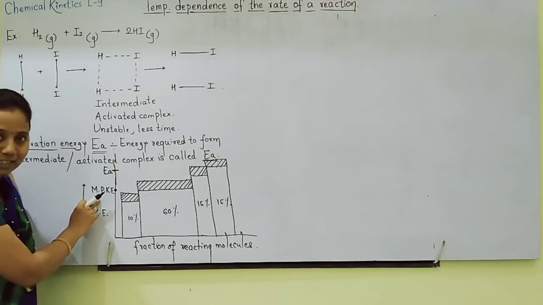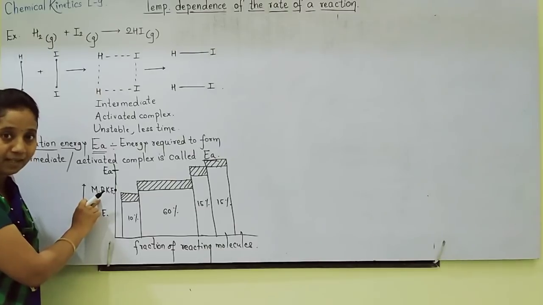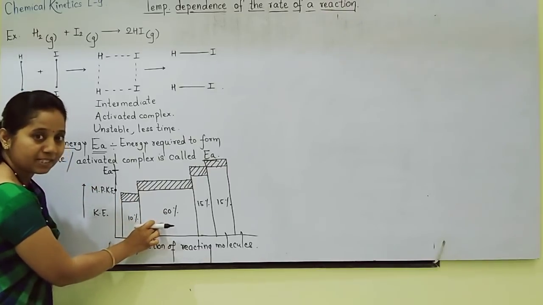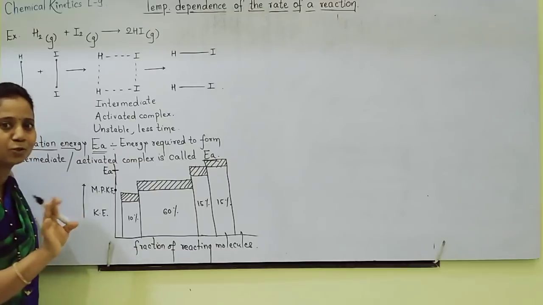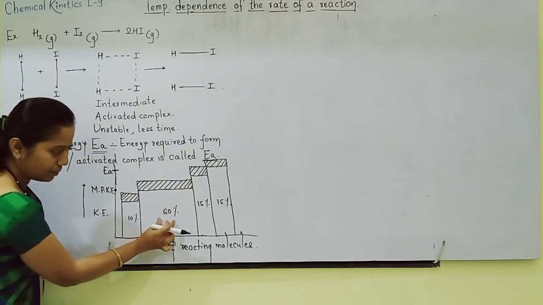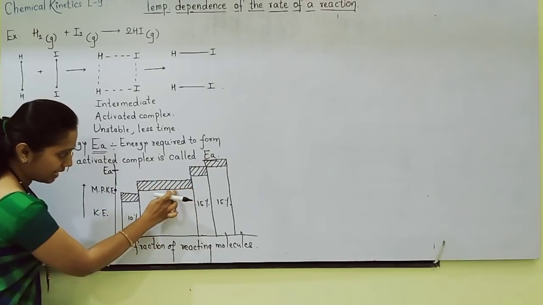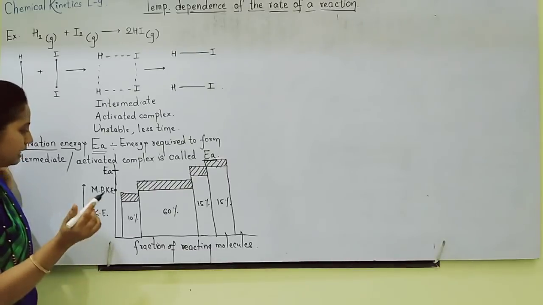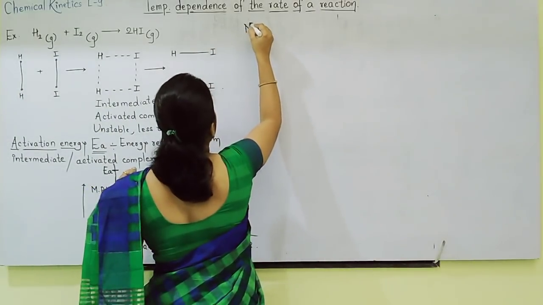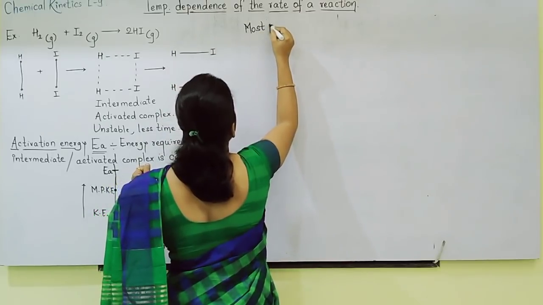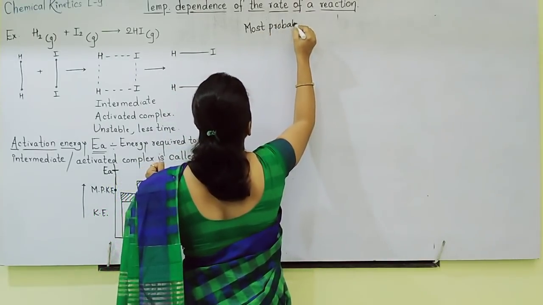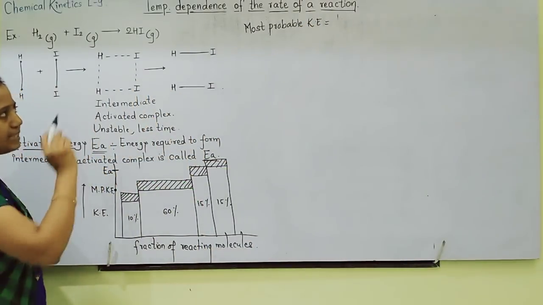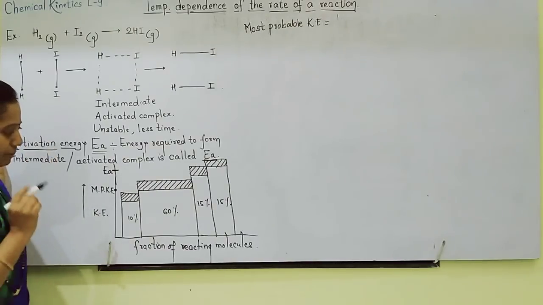Kinetic energy possessed by maximum reacting molecules is called most probable kinetic energy. So maximum reacting molecules are these, and the energy they have is called most probable kinetic energy. Here I will write the definition. Define most probable kinetic energy. Okay. Simple definition, remember, for 1 mark.